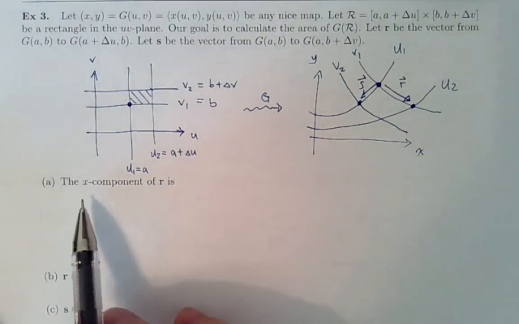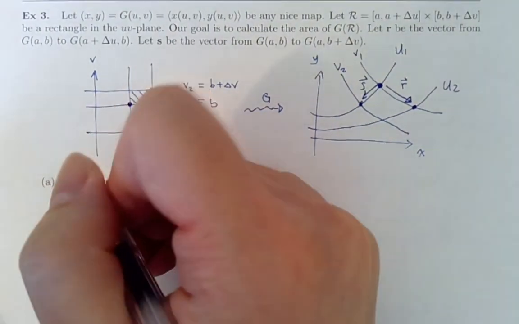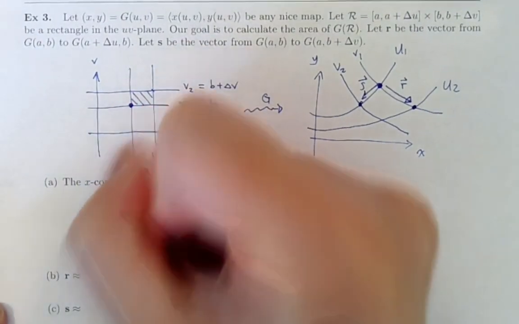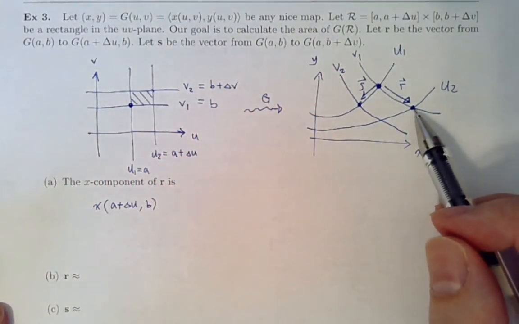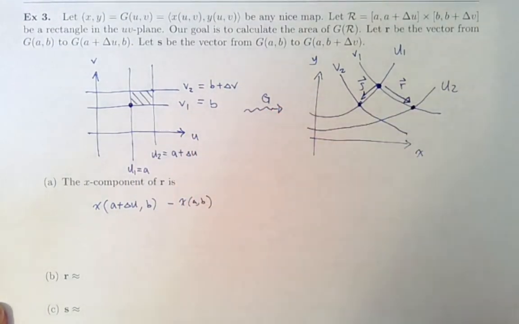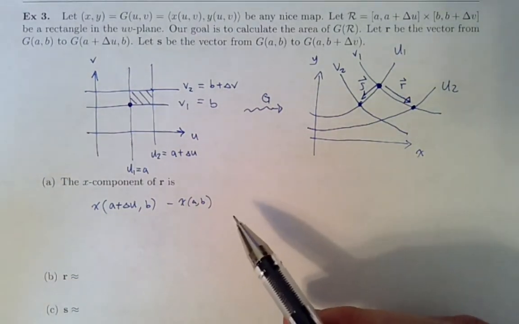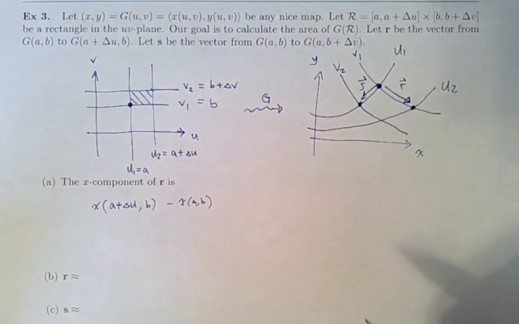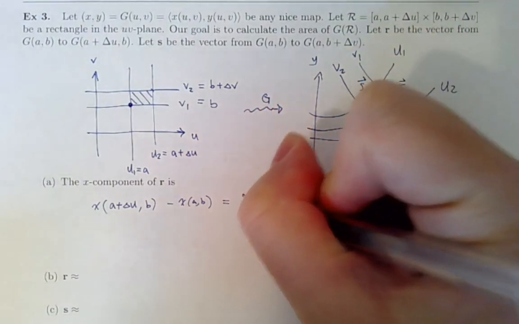Now, let's compute the x component of R. The x component of R is x of A plus delta U, comma B, that's this point, minus the x component of that point. So one trick to calculate something like this is to multiply and divide by delta U. So let's write this again.